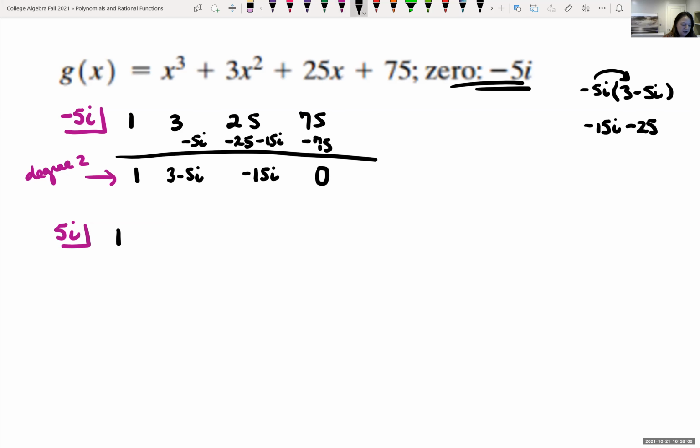So I have 1, 3 minus 5i, and negative 15i. Again, I know I did something wrong if I don't get 0 back for my remainder because of that conjugate pair theorem. So let's bring down my 1. 1 times 5i is 5i. Negative 3 minus 5i plus 5i is just 3. And 3 times 5i is 15i. So this is 0.